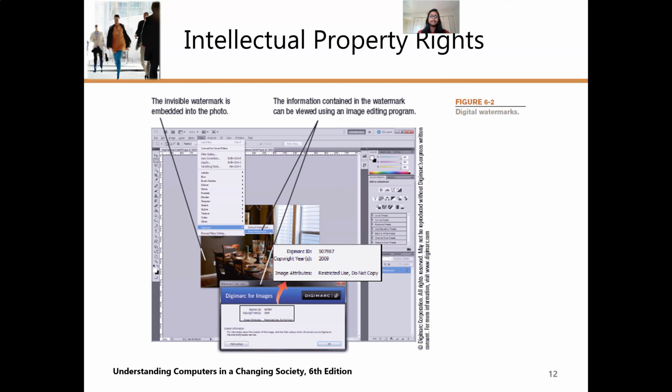DRM technologies enable content publishers to enforce their own access policies on content, such as restrictions on copying and viewing. These technologies have been criticized for restricting individuals from copying or using the content legally, such as under fair use. DRM is commonly used by the entertainment industry, for example, audio and video publishers.